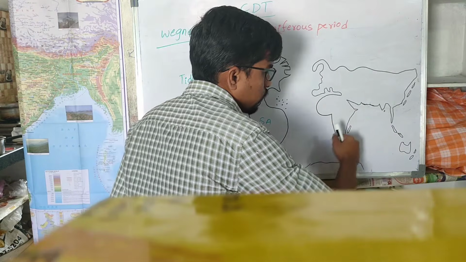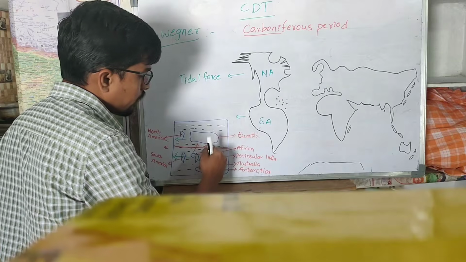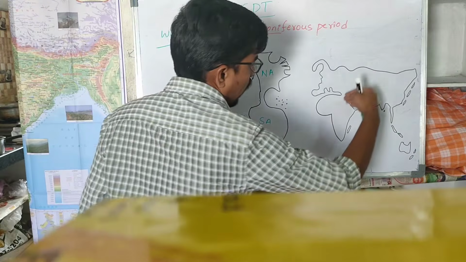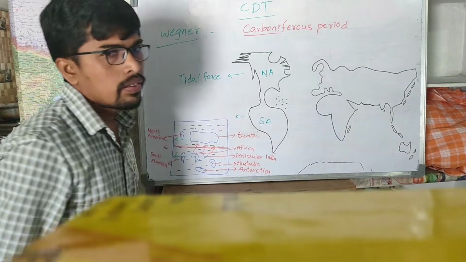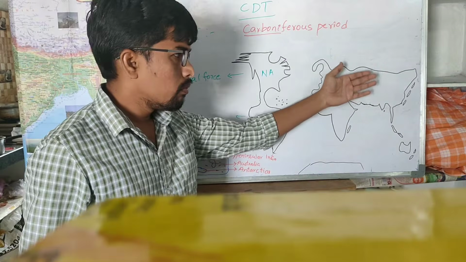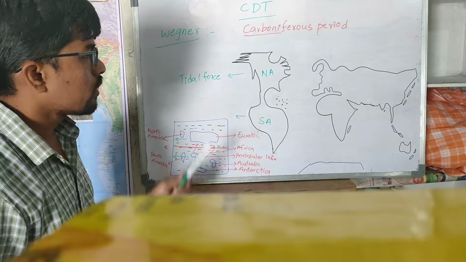These are drifting towards the equator, and then they come and attack the Eurasian landmass, according to Wagner.